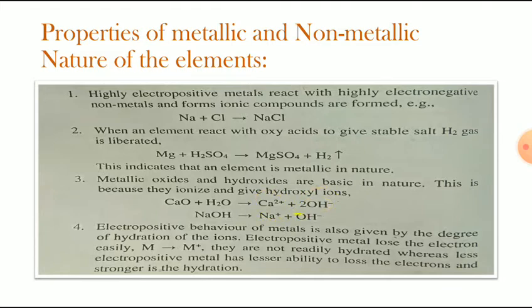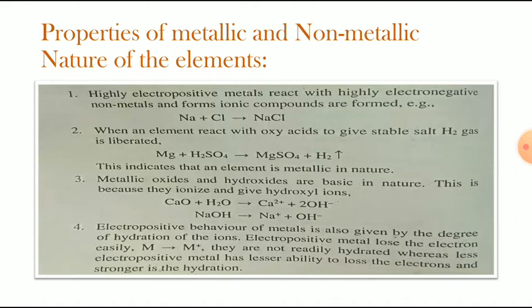When it reacts, actually this compound is basic in nature, but it ionizes and gives the hydroxyl ion. Now the second one, NaOH, sodium hydroxide. When it dissociates, it gives Na+ and OH-, which also gives the hydroxyl ion.